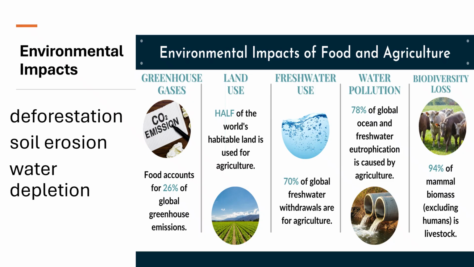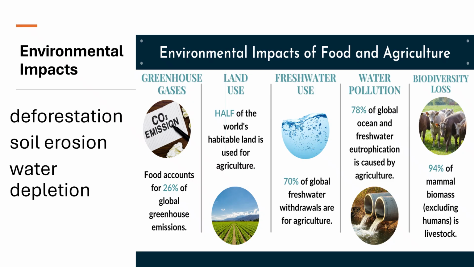And water depletion. Water depletion happens because you must water your plants to help them grow. Nut trees in California, almonds especially, take so much water to grow nuts that they deplete the water very fast. Greenhouse gases from farming account for 26% of global greenhouse emissions.